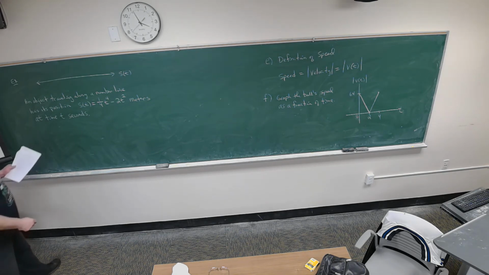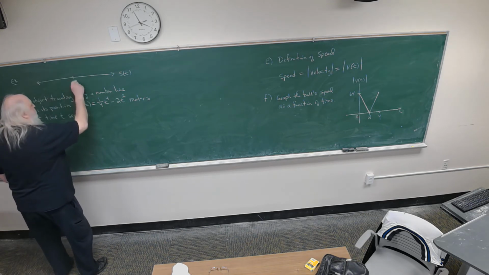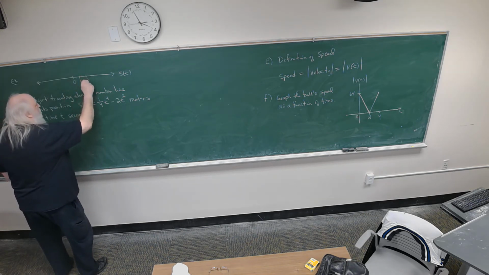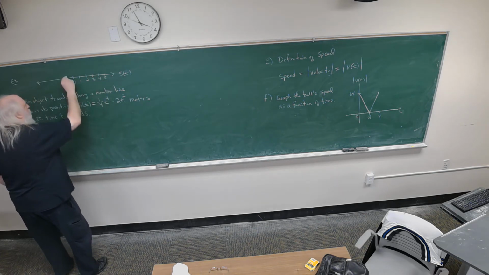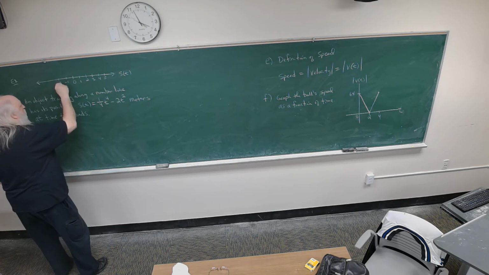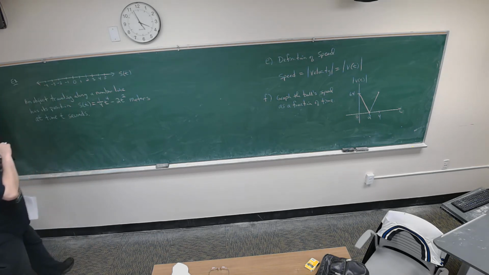So here's 0, 1, 2, 3, 4, 5, minus 1, minus 2, minus 3 on the number line, okay?